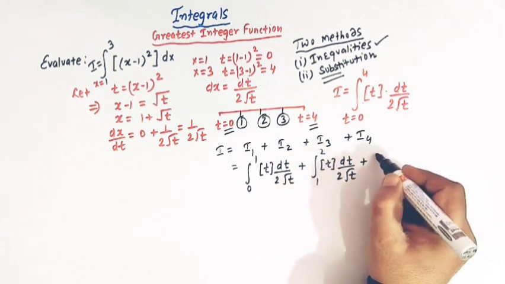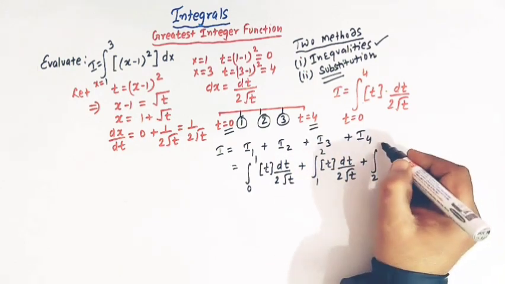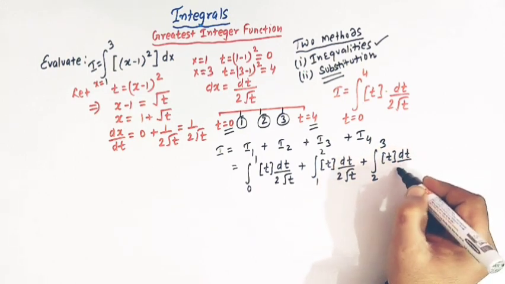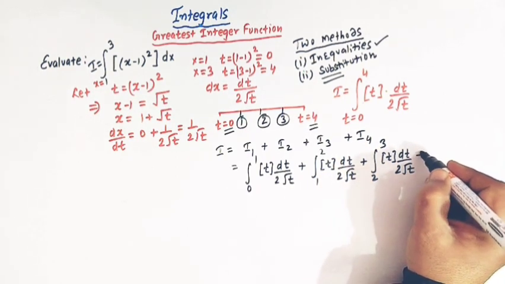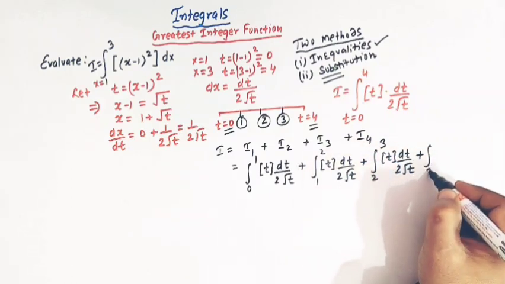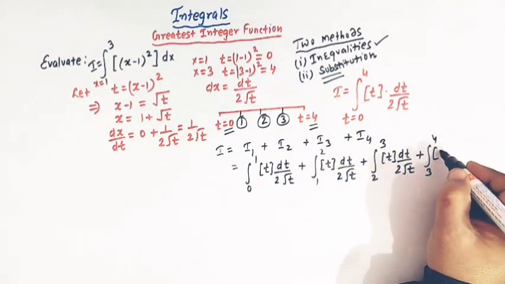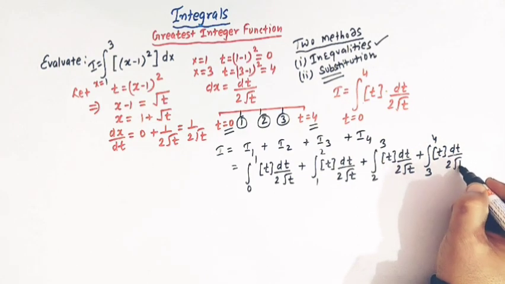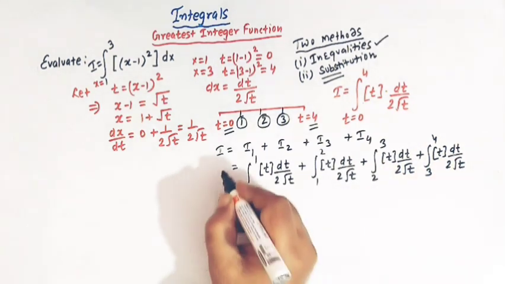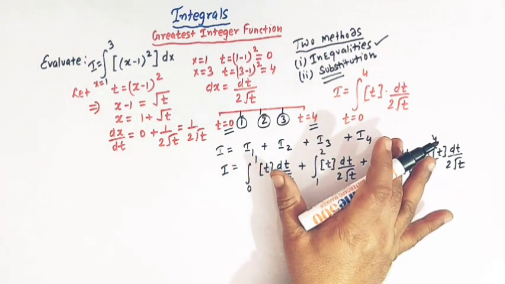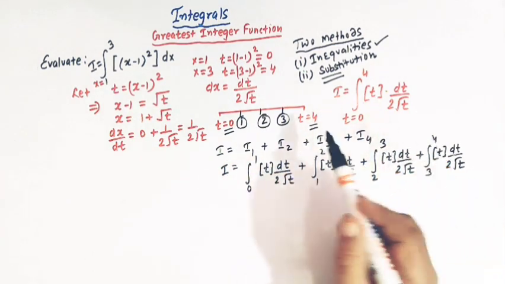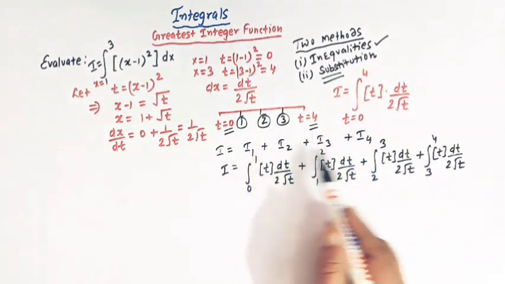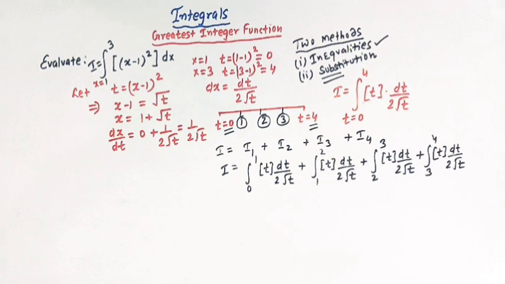The third integral is from 2 to 3, with the greatest integer of t dt over 2 root t, and I4 is from 3 to 4 of the greatest integer of t dt over 2 root t. So we have written this integral as a sum of four integrals.